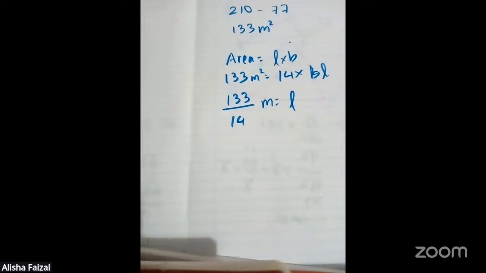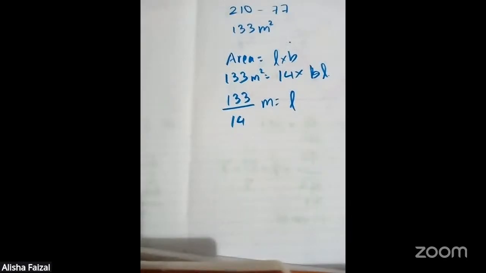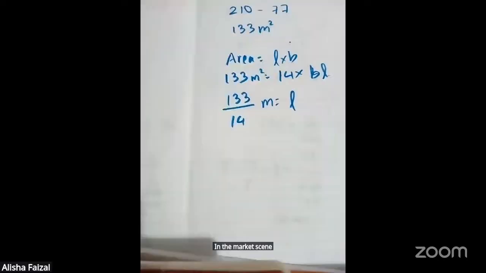Any doubts in this? Madam, in the final exam, can we write the answer in fraction form? Fraction form you're asking? Yes. Let me check the marking scheme again. In the marking scheme, some answers are fractions.